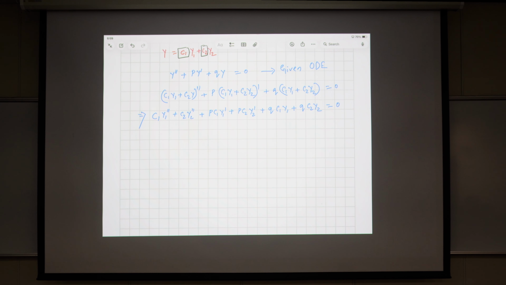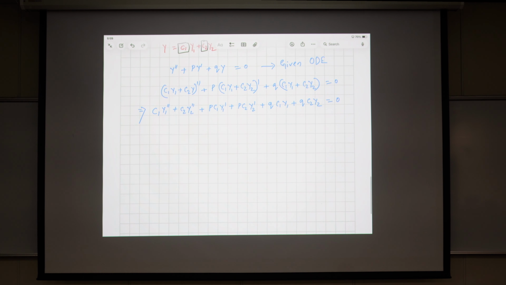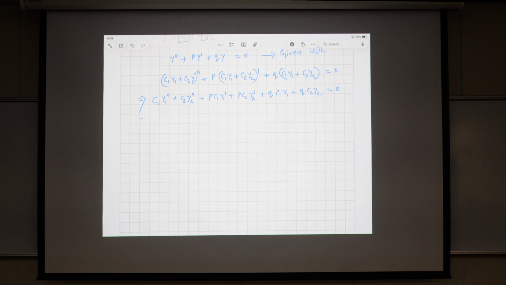What I can do, let's put all the y1 together and all the y2 together. That means if I rewrite this one, it's C1 times (y1 double dash plus P y1 dash plus Q y1).